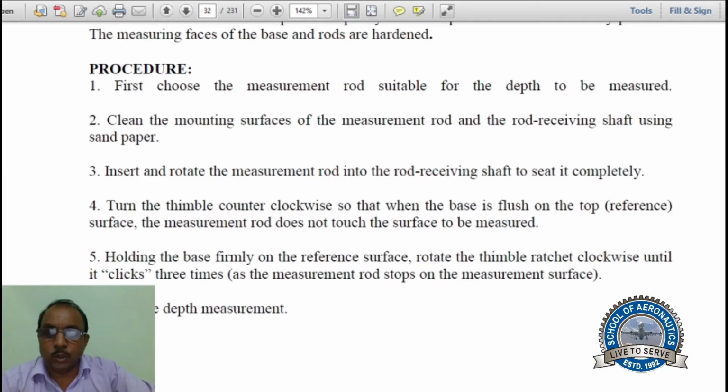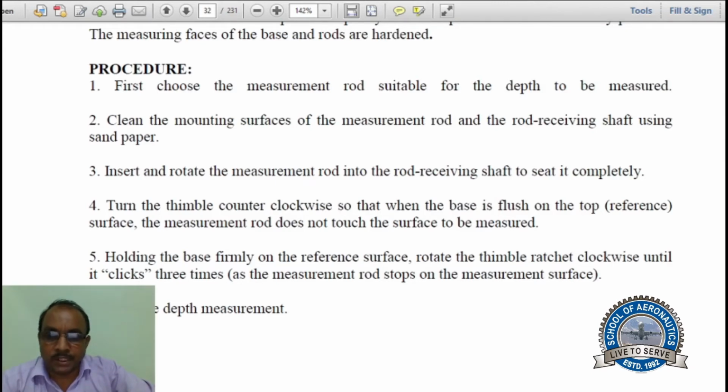Insert and rotate the measurement rod into the rod receiving shaft to seat it completely. Turn the thimble counterclockwise so that when the base is flush on the top surface, the measurement rod does not touch the surface to be measured.